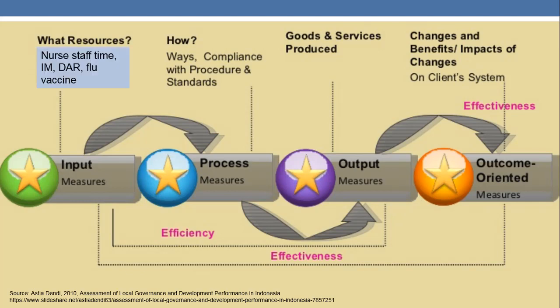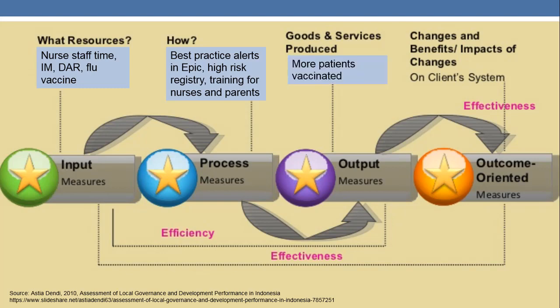In the case of the flu vaccine, the resources we had were nursing staff time, information management, data analytics and reporting, and the flu vaccine. We actually had a lot of other team members across the organization participating. How do we do that? We used best practice alerts in EPIC, the high-risk registry, and training for nurses, parents, and clinicians. What did we produce? More vaccinated patients.